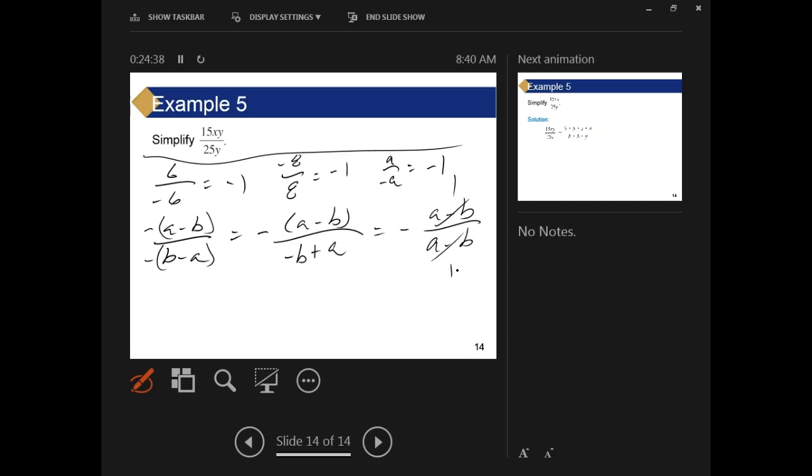Okay? How about this? X squared minus 4 over 4 minus x squared. Say again? That's negative 1 as well. Okay? Now, you could have factored both of those, but you would have gotten right down to where we were before, and you have minus 1.